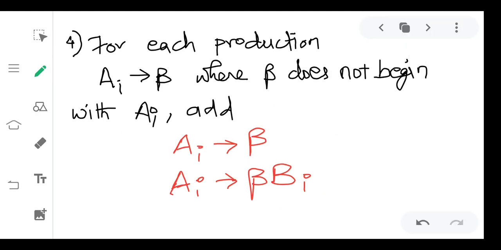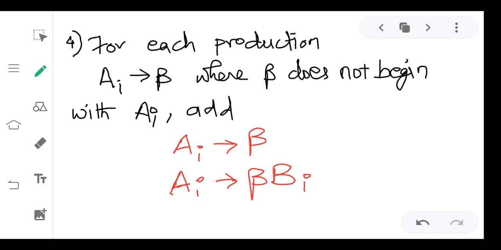After this, we have to check one more thing for Ai. Suppose along with Ai produces Ai gamma, we may have some productions like Ai produces beta, or Ai produces beta 1, beta 2, etc., where beta does not begin with Ai.